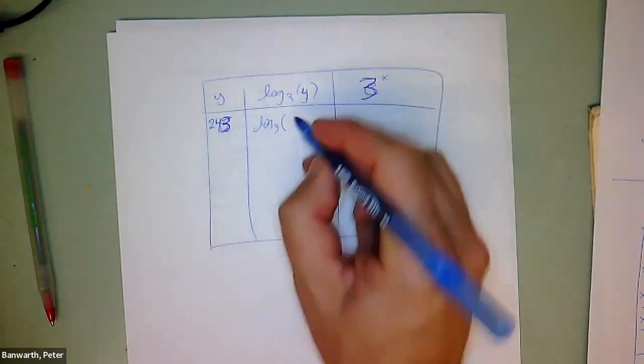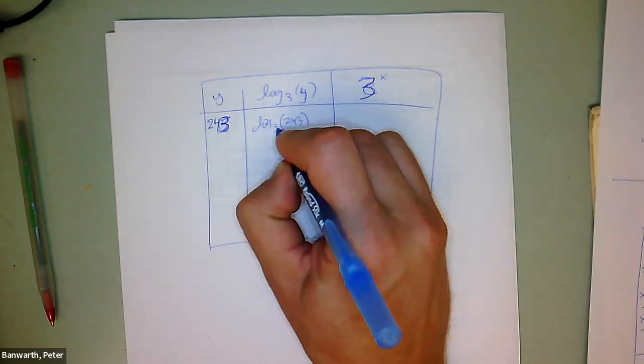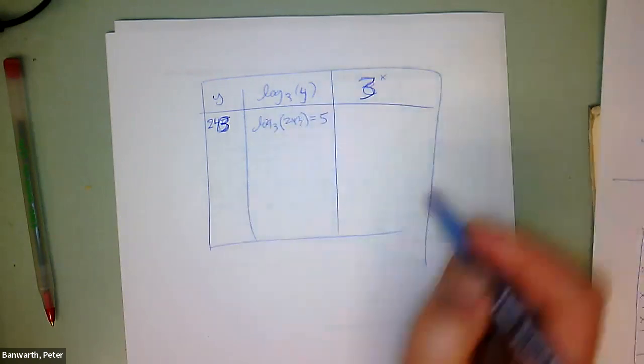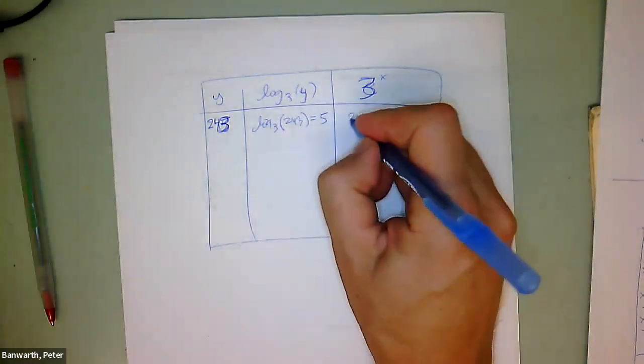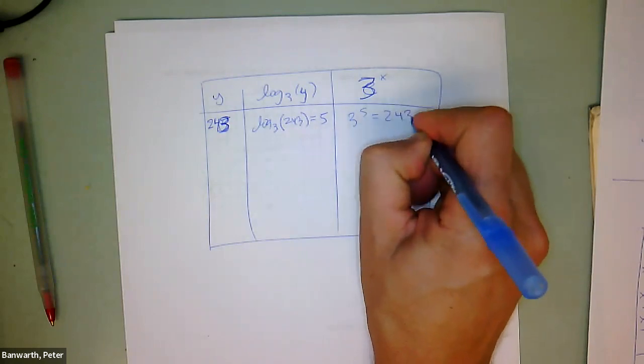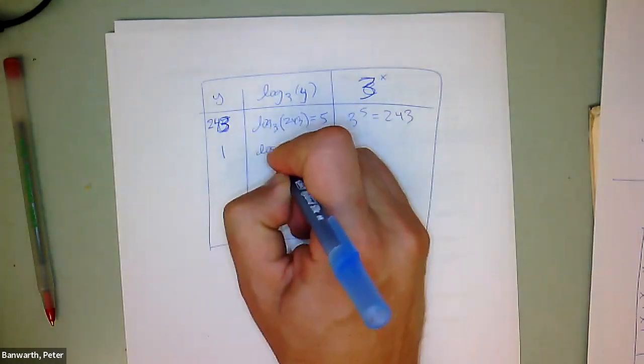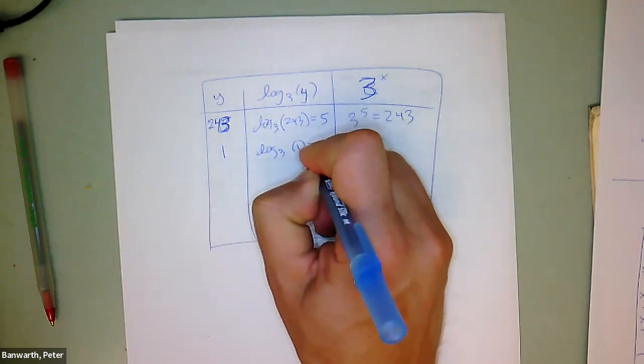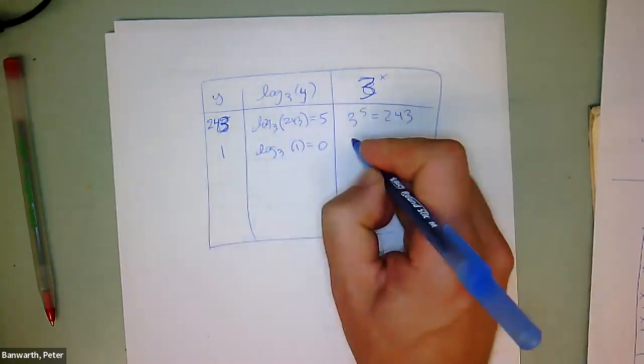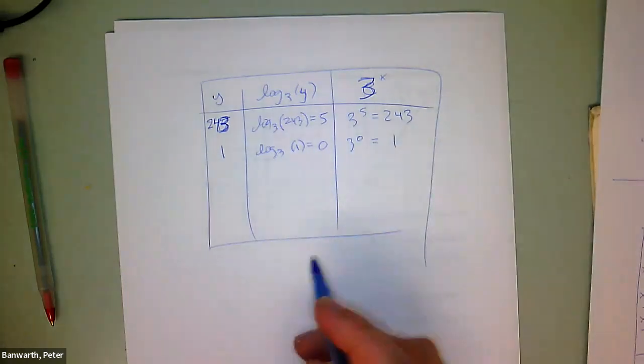Log base 3 of 243 is the power you put on 3 to get that number, which is 5. And 3 to the 5th is 243. If y is 1, log base 3 of 1 is the power that goes on 3 to get 1, that's 0, and 3 to the 0 is 1.